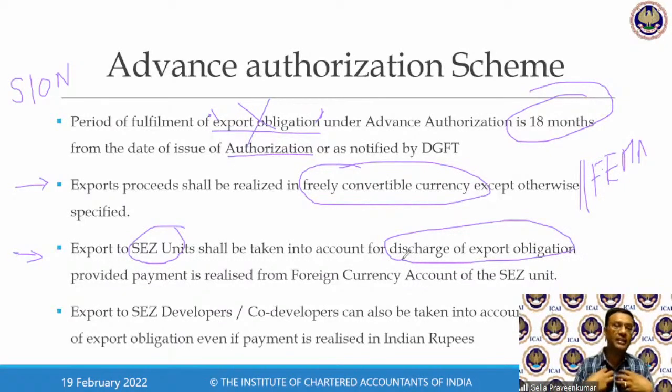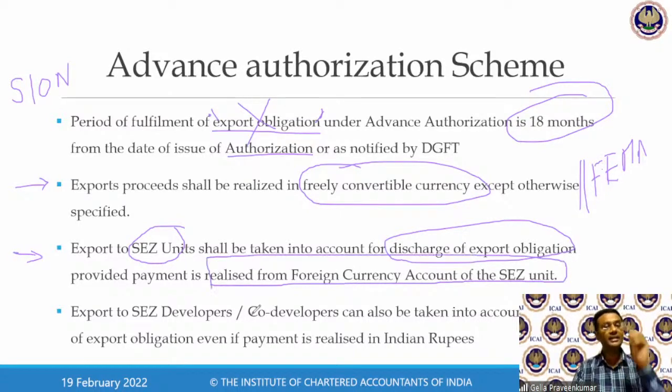So my activity of manufacture, in turn, I supply to SEZ. It will be deemed to be a discharge of export obligation. How? They say that money is to be released from the foreign currency account of an SEZ unit. So in case of SEZs, they have a foreign currency account. The money from that foreign currency account should come.